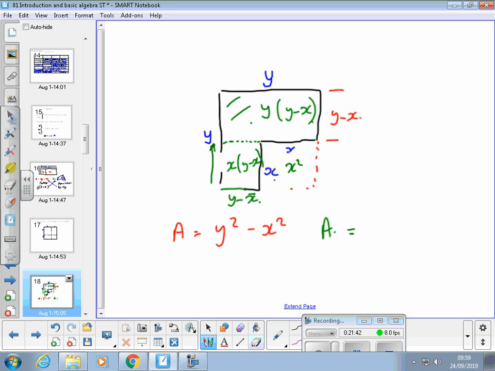That is y minus x. So that bit in there is x times y minus x. That bit up the top is y times y minus x. So the total area is, yeah.